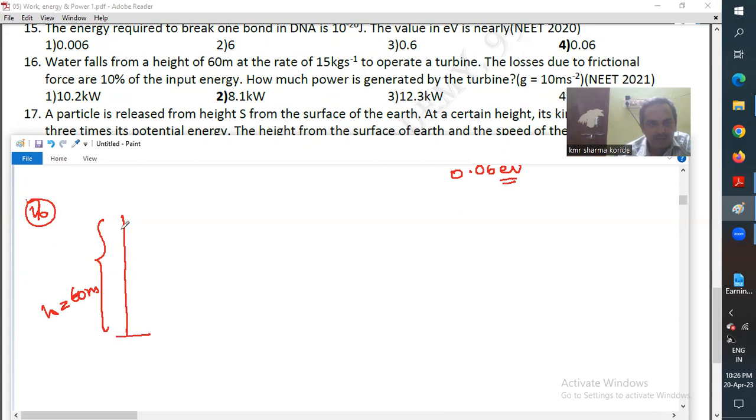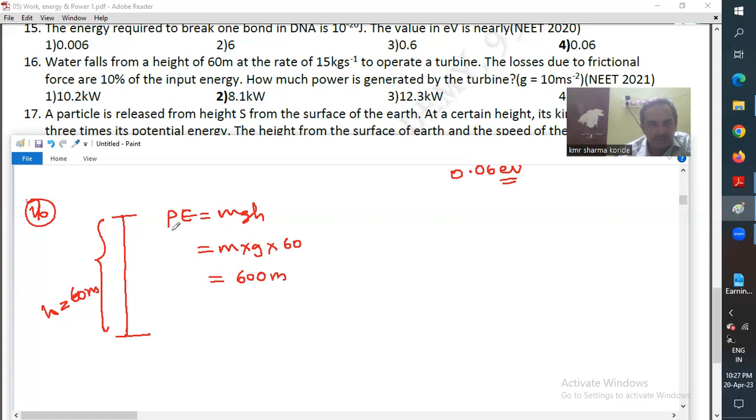First, let us find the potential energy that reappears in the form of kinetic energy. How much is the potential energy when water falls from a height? Potential energy is mgh. Since they did not mention the mass directly, we continue to have m into g into h. h is 60 meters, so with g as 10, this is 600 m.